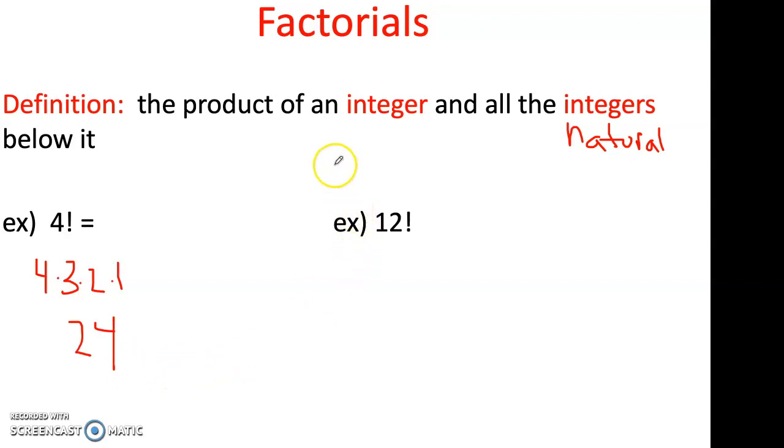So again, math, probability, and then number 4, which is the factorial. So 12 factorial is going to give us a product.